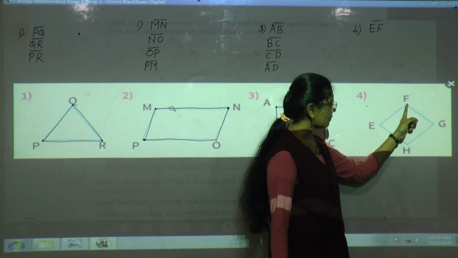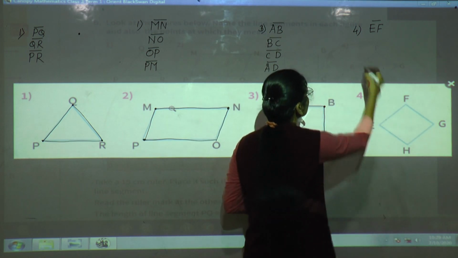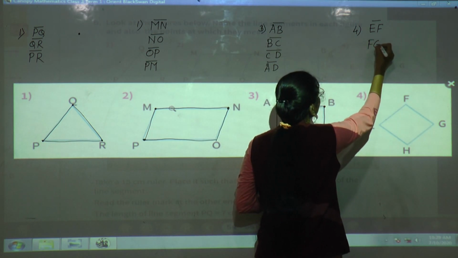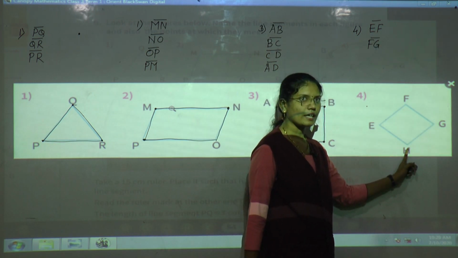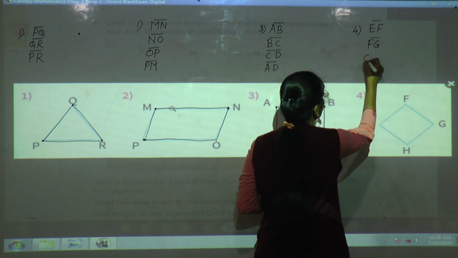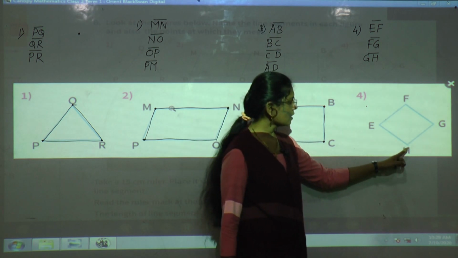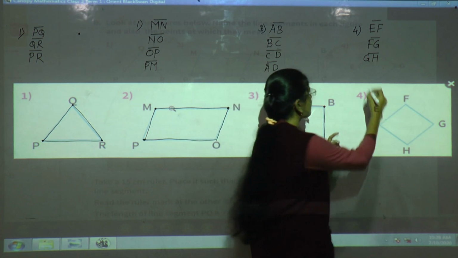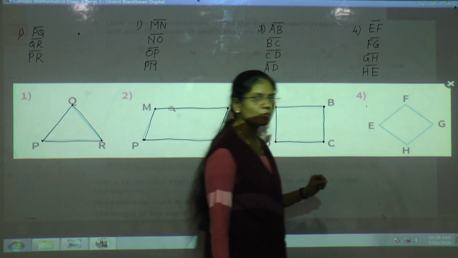Line segment EF. The second is line segment FG. Then third is line segment GH or you can say HG also. Line segment GH. And which one is remaining? HE. Line segment HE.